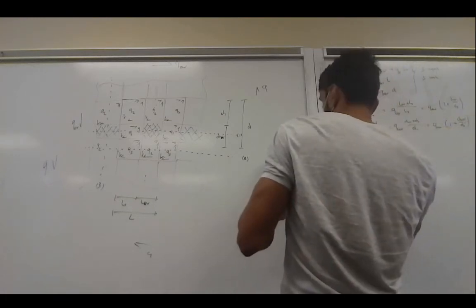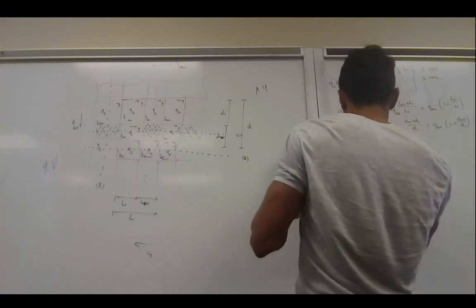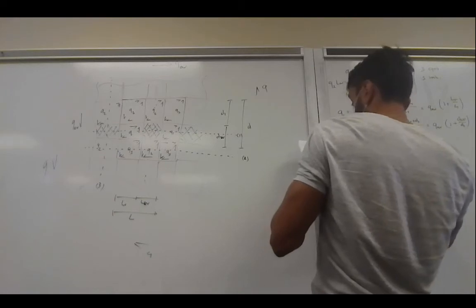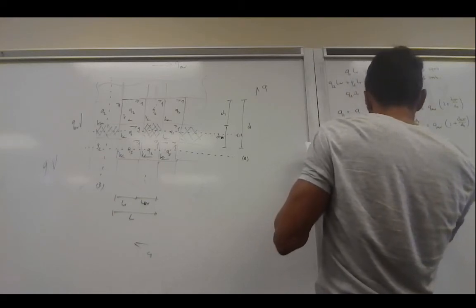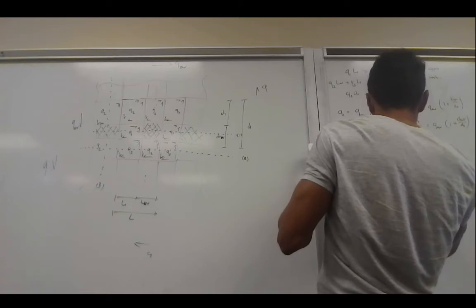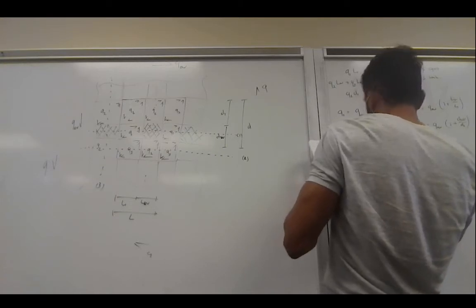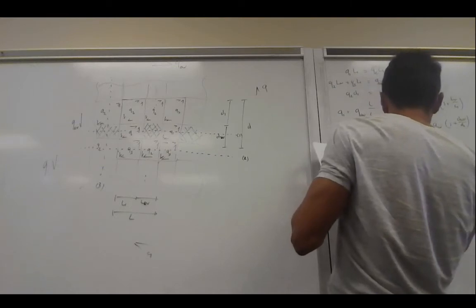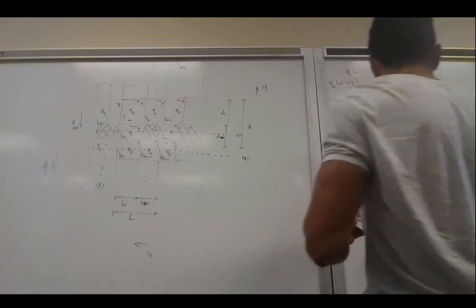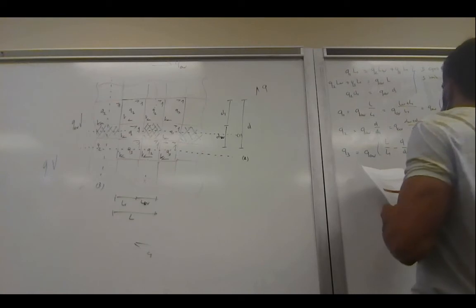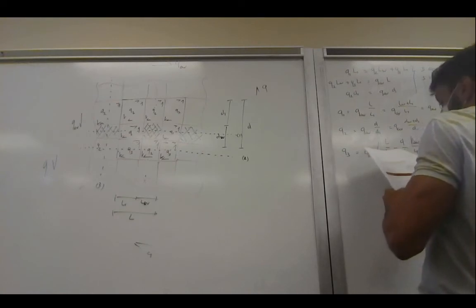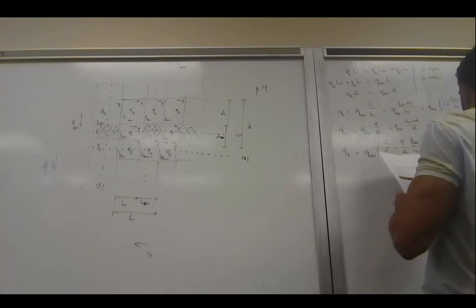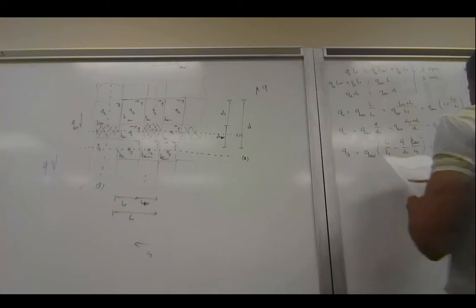And Q3 is equal to Q average L over L1 minus D over D1 multiplied by LW over L1. And this can be simplified to Q average times 1 minus DW over D1 times LW over L1.